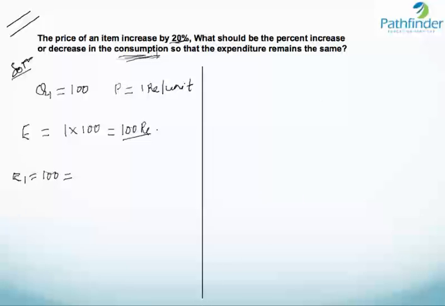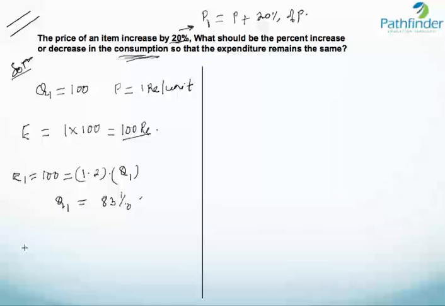which must be equal to the new price. Now because price has increased by 20%, the new price P1 must be equal to P plus 20% of P, which must be equal to 1 plus 20% of 1, that is 1.2 rupees, multiplied by the new value of consumption. On solving this, we will get the value of consumption Q1 as 83 integer 1 by 3 units.